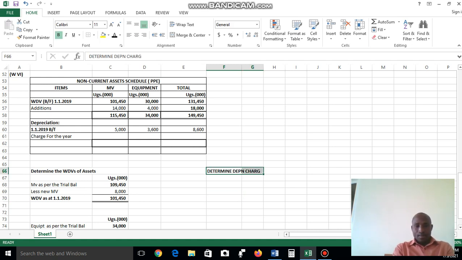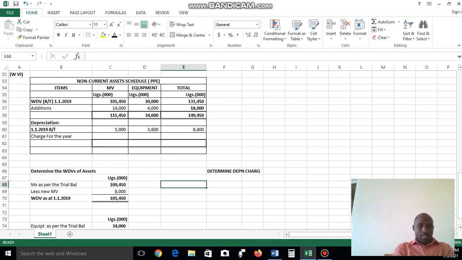Determine the depreciation charge for these assets. Okay. So now we have the old motor vehicles, which had a cost of this. So this was the depreciation as per that. Then we compute and get exactly what is happening.